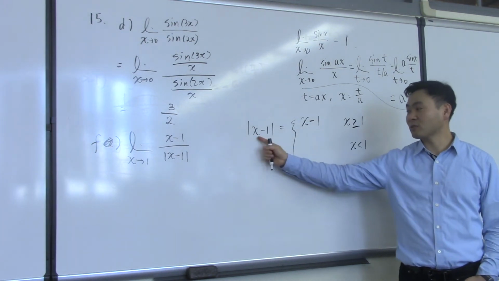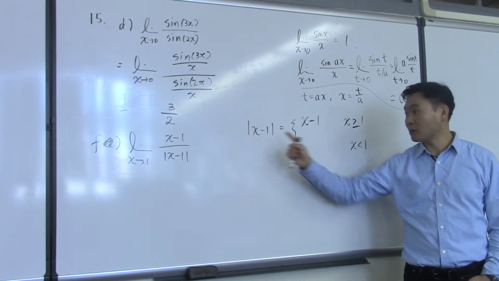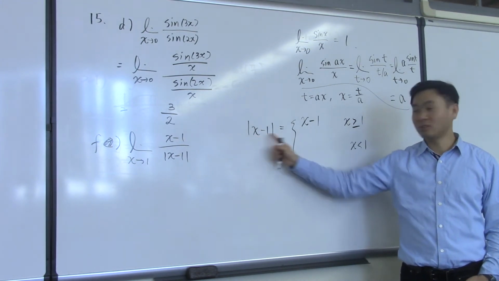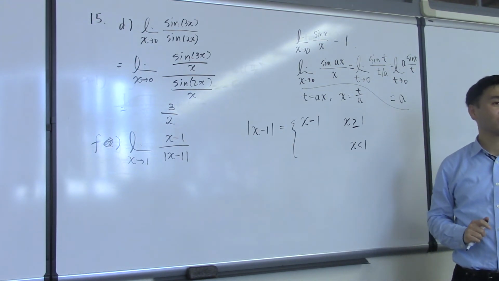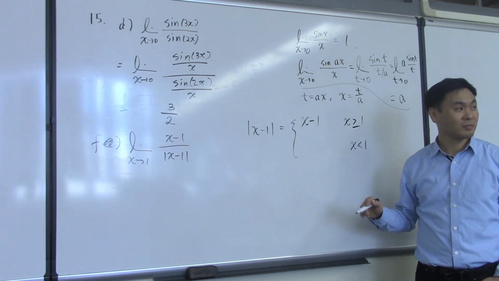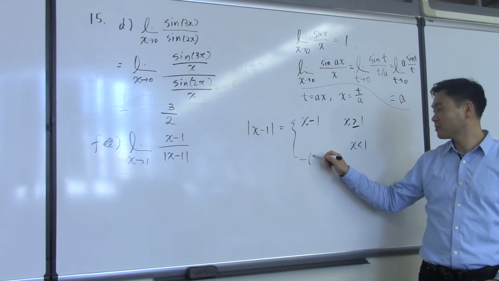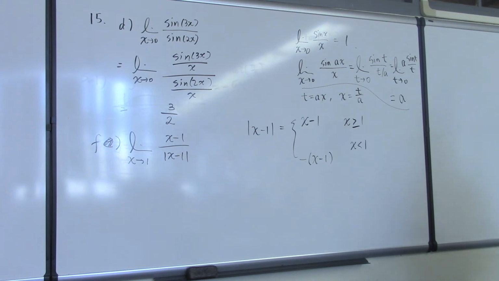So for example, if you plug in negative 1, I want it to give you 2. That's right. You put a negative in front.